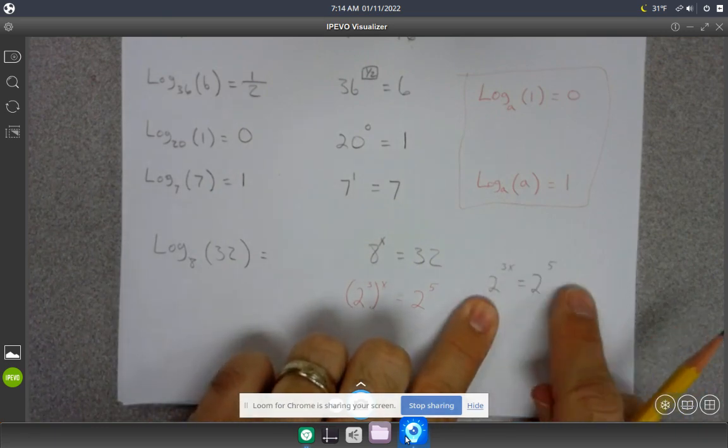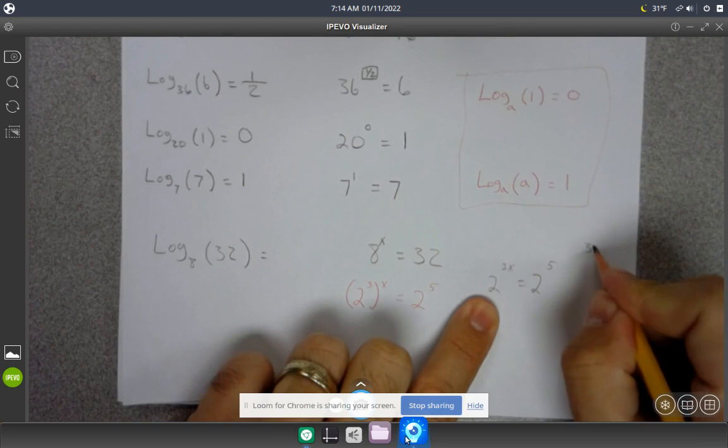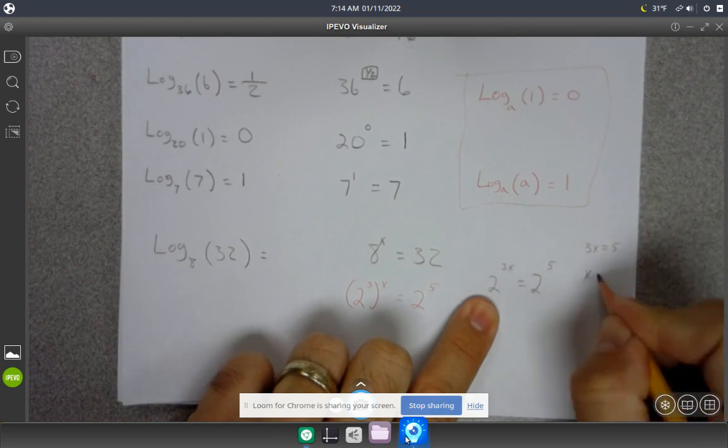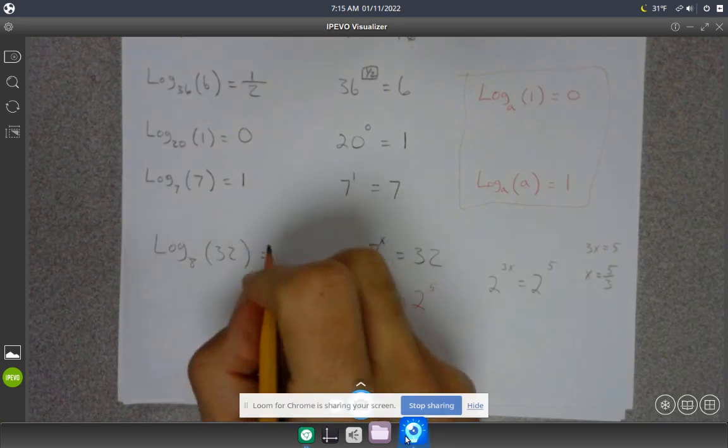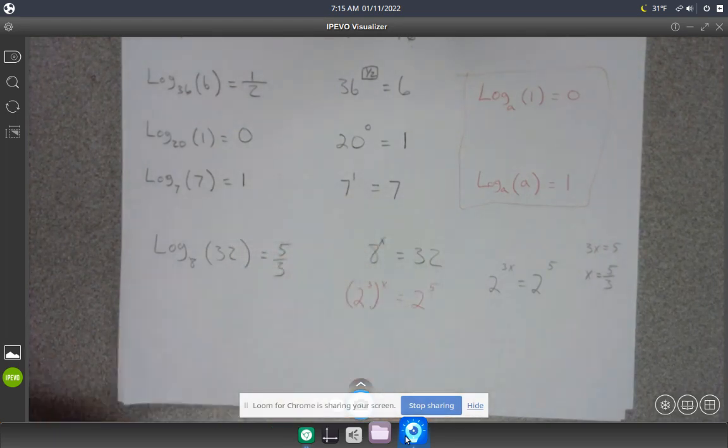So you just have 3x equals 5, or x is equal to 5/3. So if you do 8 to the 5/3 power, you're going to get 32 as your answer. That means that log base 8 of 32 is 5/3. It takes a little bit of practice, but that really is the general idea for a logarithm. It's just another way of writing an exponential equation like that.